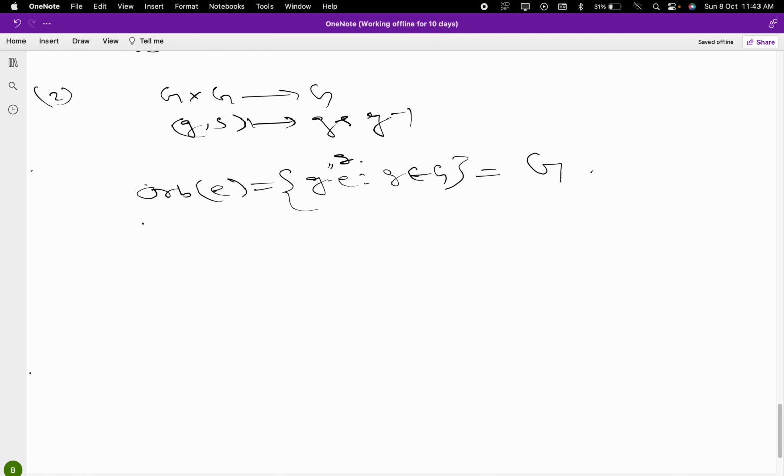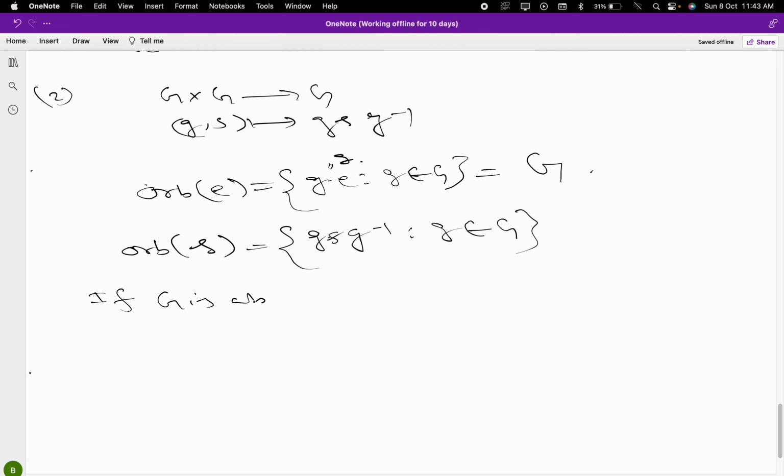And what is the orbit of any element s, which is g s g inverse, where g is inside G? If G is abelian, then in g s g inverse you can take the g inverse past s.